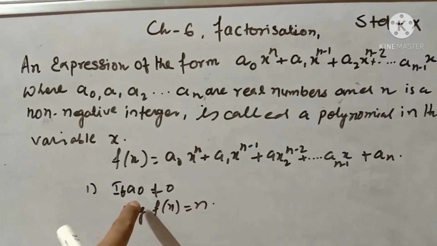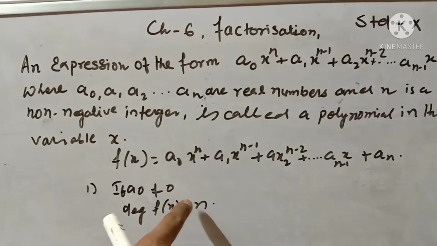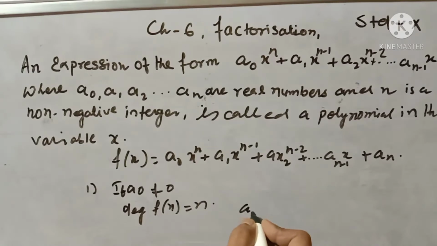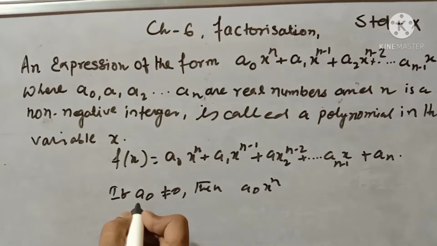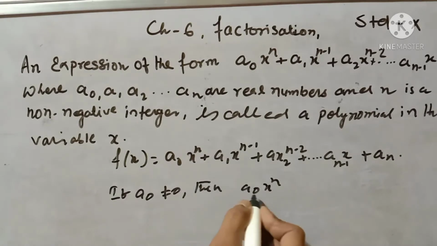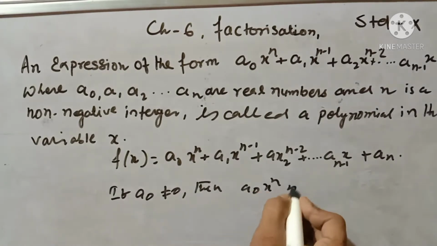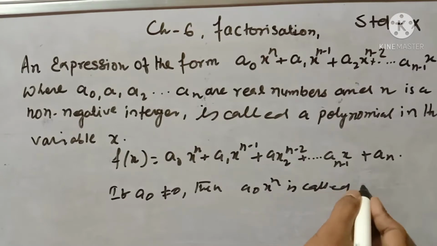If a0 is not equal to 0, then a0 x^n is called the leading term.